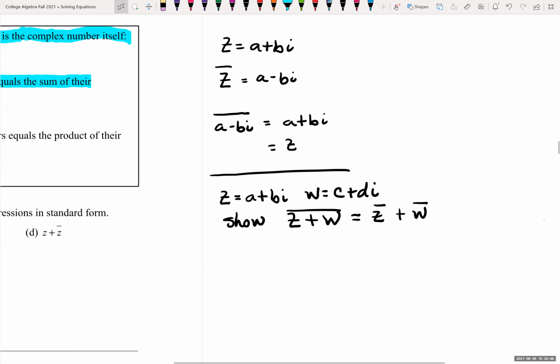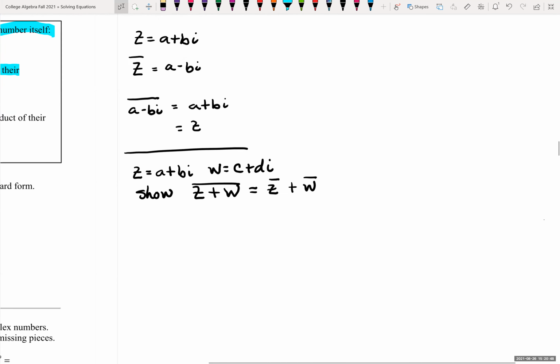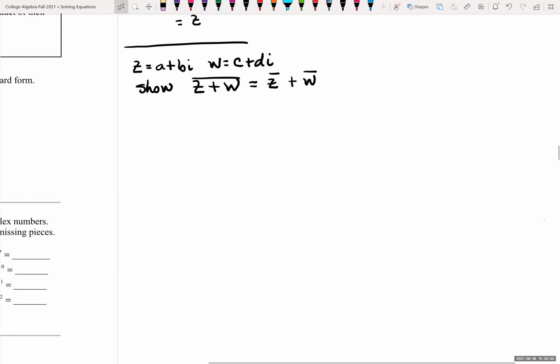So when we're trying to show or prove something is true, usually you just work on one side of the equation and you're manipulating that one side to look like the other side. And so you choose one side to work with. And so let's work with the left-hand side.